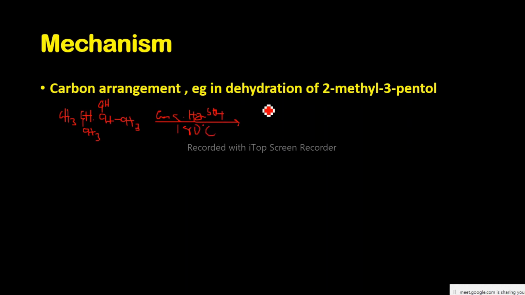Now, there are two products that you can form. One, you can form this CH3, CH, and then the methyl group is here, and then you use a single bond, and then this. So you can form this with a double bond here. So there is a possibility of forming that.